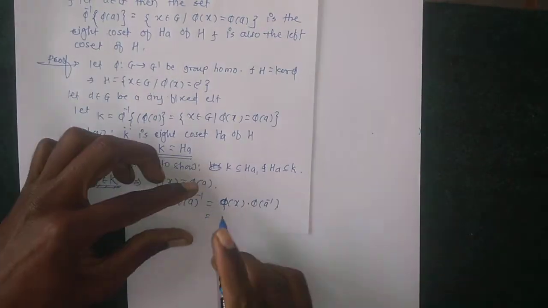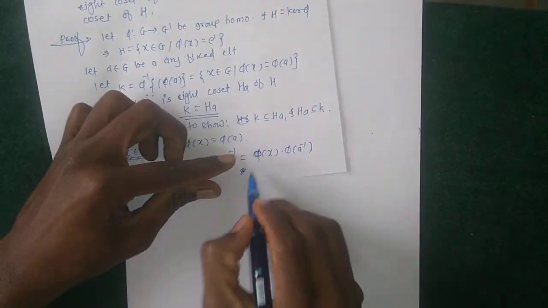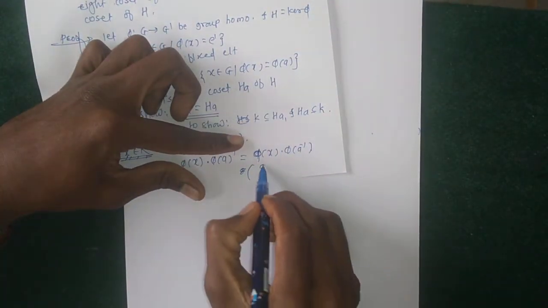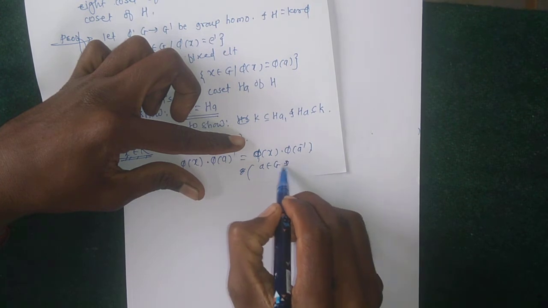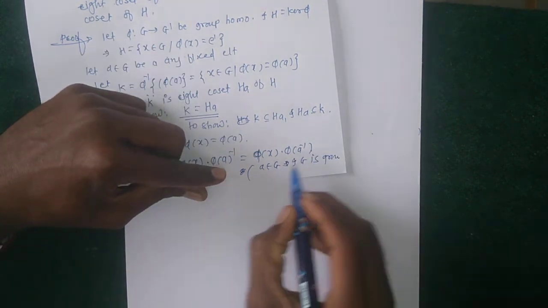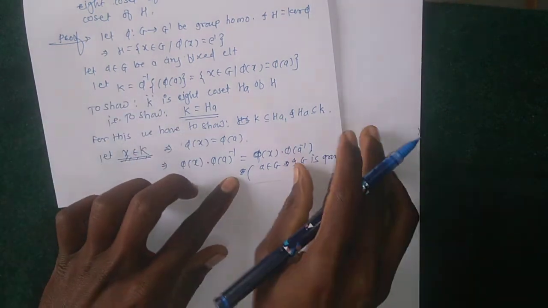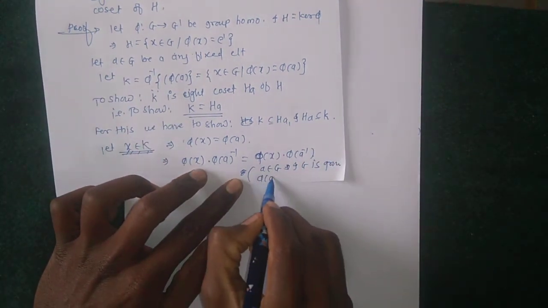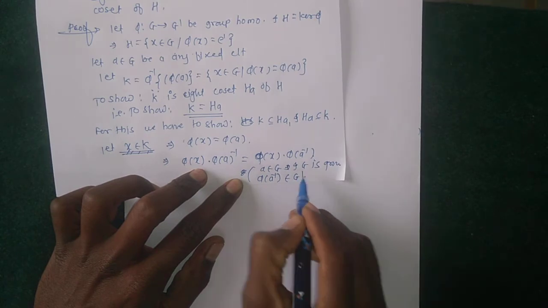Since A belongs to G, and G is a group, which implies that phi of A inverse belongs to G dash.